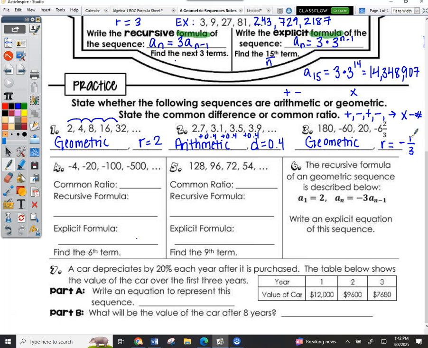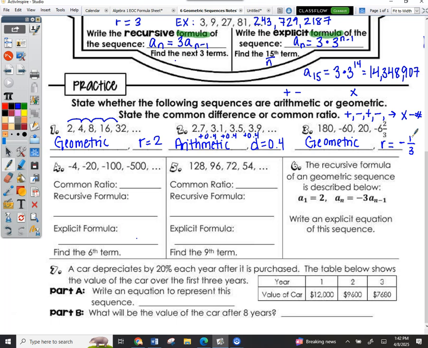Number three, we knew it was a number less than 1 because the sequence is going down, right? So there's a lot to take in here. This is nowhere near as simple as number 1 over here. So let's pay attention. So we know it's negative, we know we're multiplying, we know it's shrinking. So it's a number less than 1.